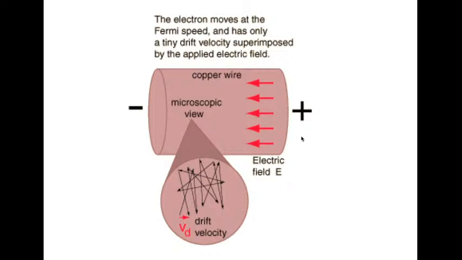That's because we have an electron moving towards the positive side of our field, because opposites attract. The electrons are being repelled by the negative side and attracted towards the positive side. The electric field here is drawn in with these red arrows.